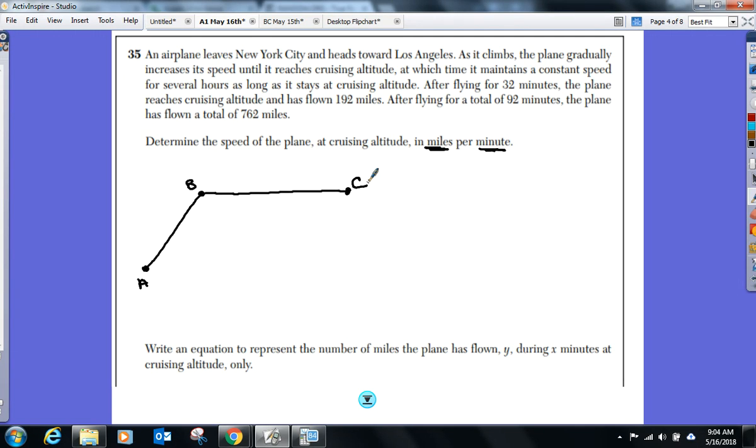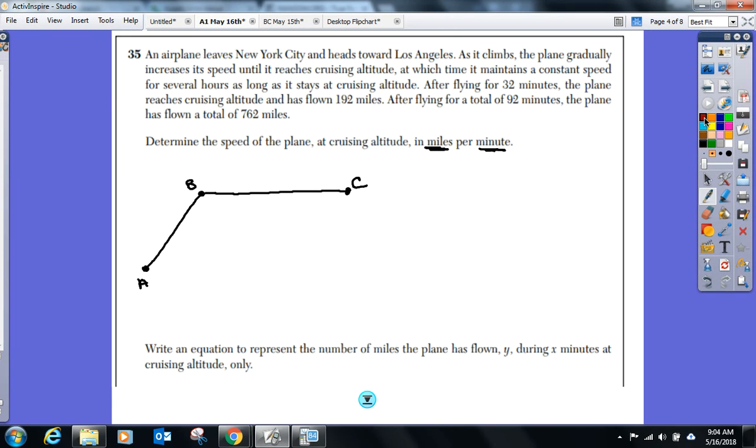Can anybody help me get a little bit more detailed with my diagram? Can anybody tell me how many miles and how many minutes, just read the problem. No calculator use here. How many minutes and miles did it take to go from A to B to reach that cruising altitude? It's right in there. Go ahead, Caitlin. 192 miles.